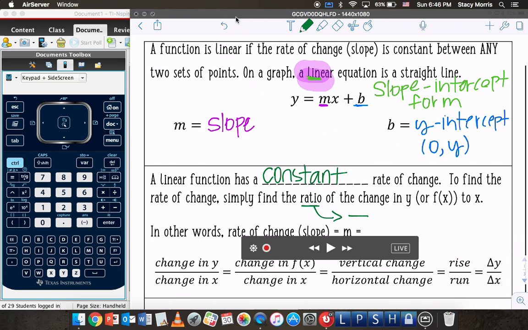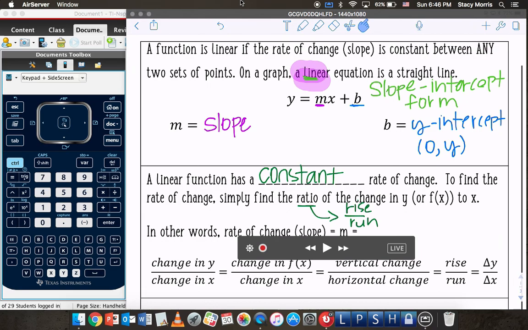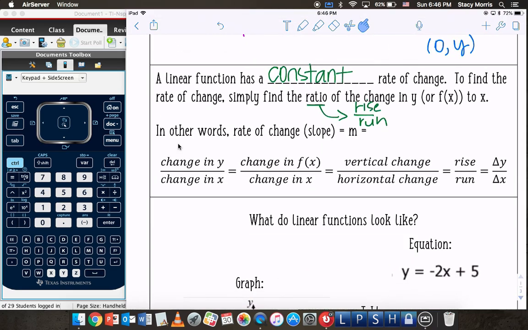So we're going to make a fraction that usually is going to stand for rise over run, which is on the little section below. In other words, rate of change or slope, which is also represented by the letter m, means all of those things. Every single one of these things here at the bottom can be used to describe slope.